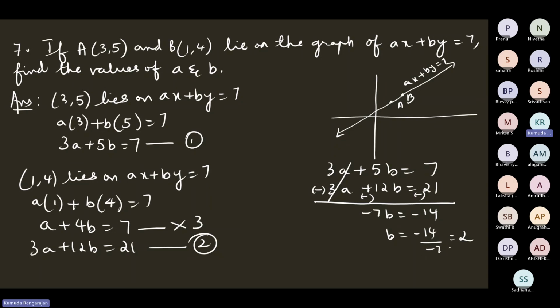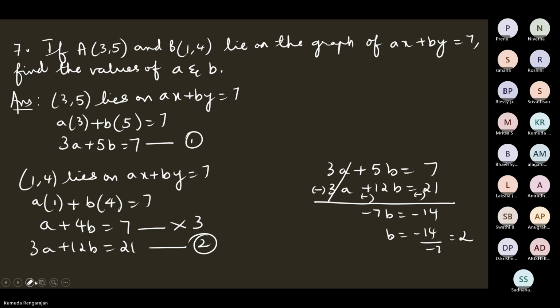Now substitute this value of b in the first equation or in the second equation. I'll do it here, children. So substitute b is equal to 2 in equation 1.